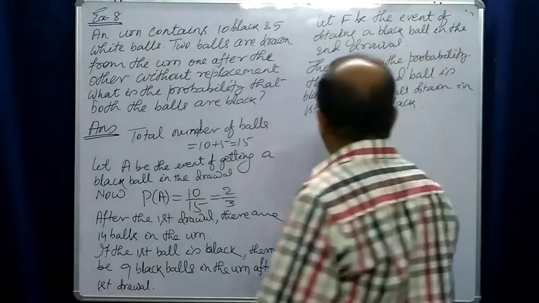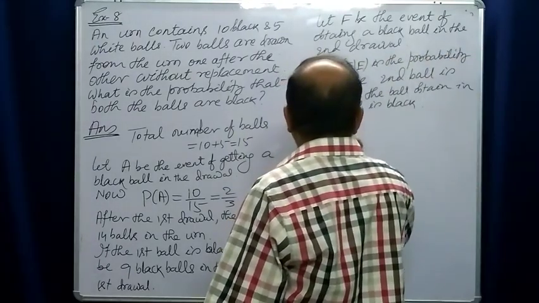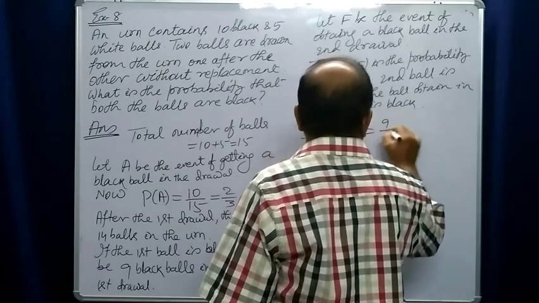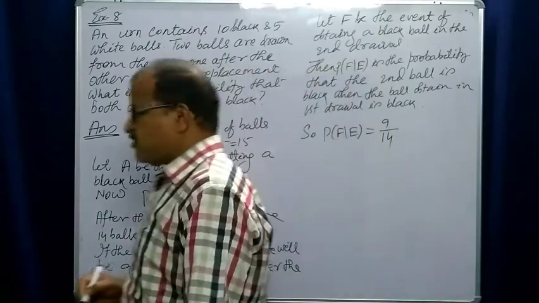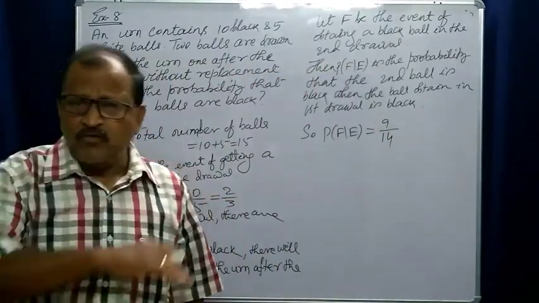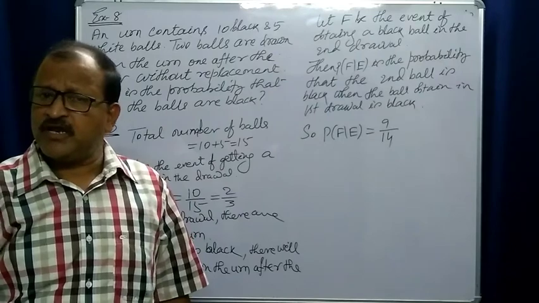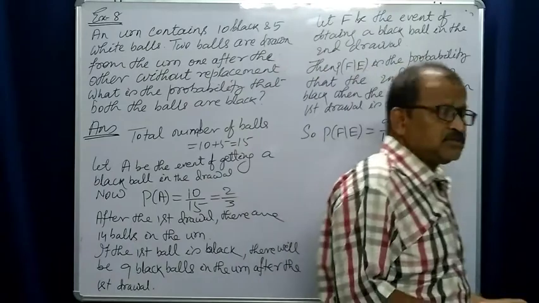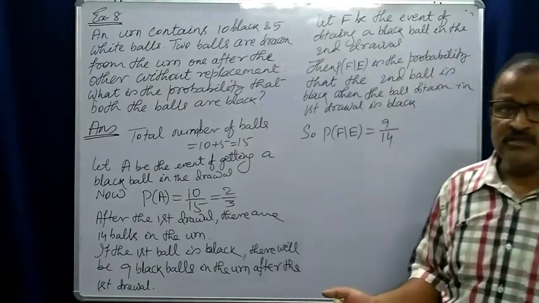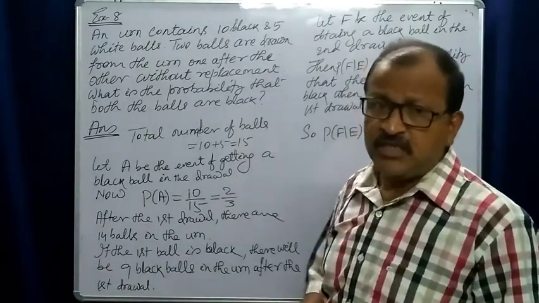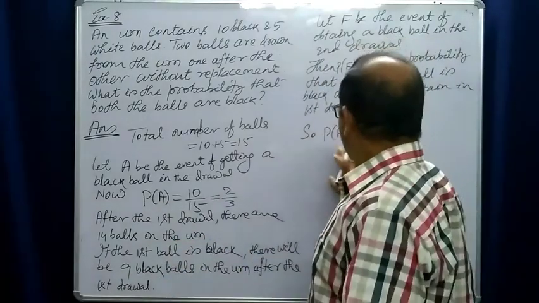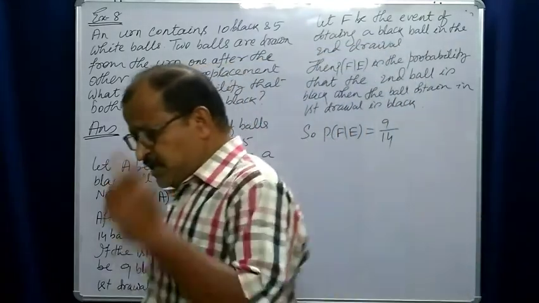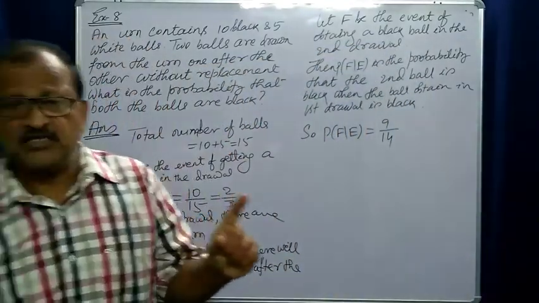So probability of F condition E is equal to 9 by 14. Why? One black ball is obtained, so out of 10 there are 9 balls. And out of 15 balls, one ball is drawn, so total number of balls now in the urn is 14. So the probability of F condition E is 9 by 14. So you see, E is the event that the first draw is black.